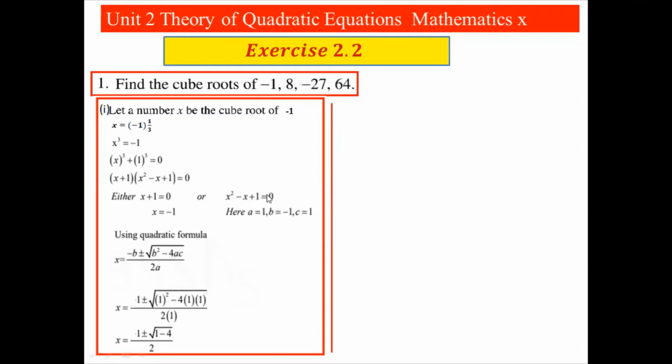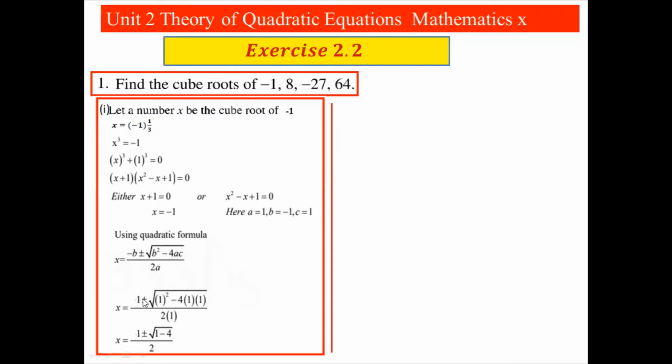This is a quadratic equation, and we use the quadratic formula to find its roots. So here a is equal to 1, b is equal to minus 1, and c is equal to plus 1. We know that the quadratic formula is x is equal to minus b plus minus square root of b square minus 4ac all divided by 2a.